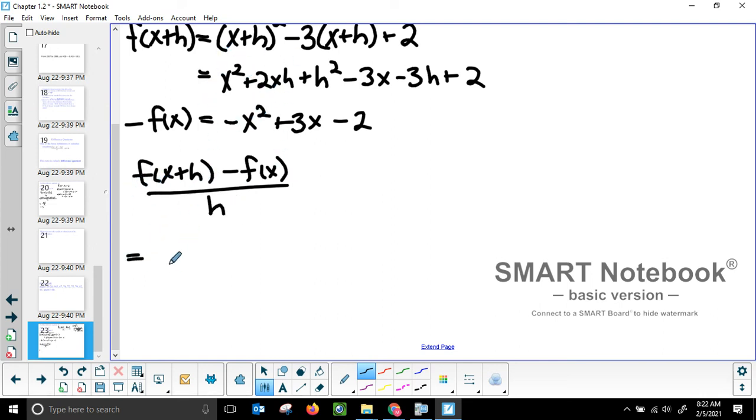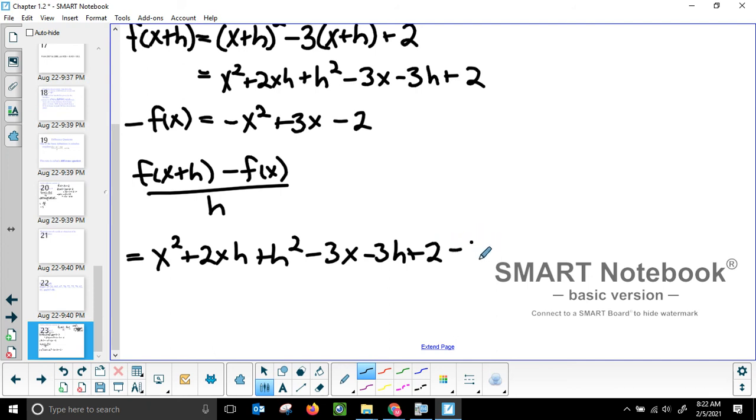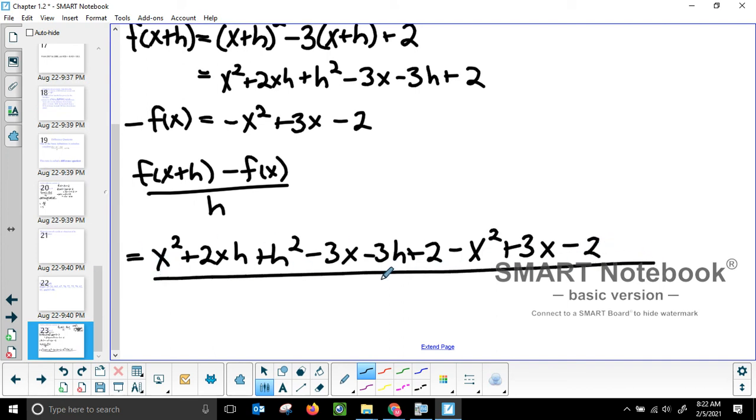So instead of f of x plus h, I can write x squared plus 2xh plus h squared minus 3x minus 3h plus 2. Instead of minus f of x, I can rewrite it as minus x squared plus 3x minus 2, and that's all over h.